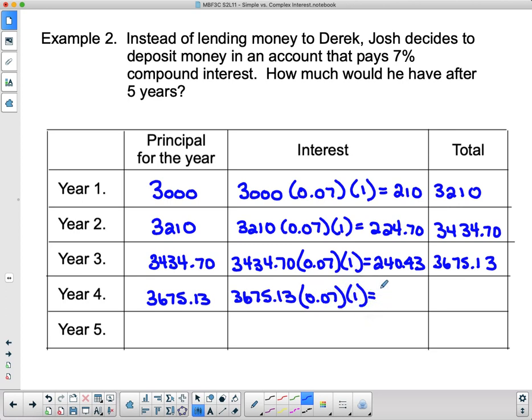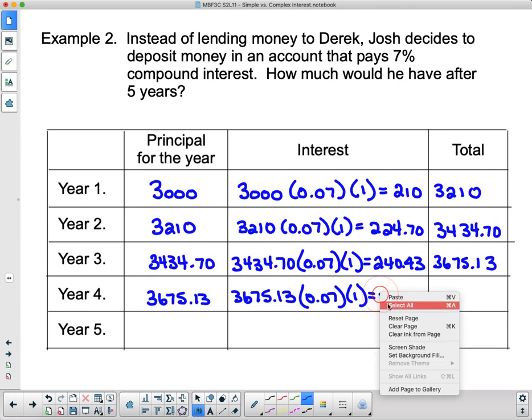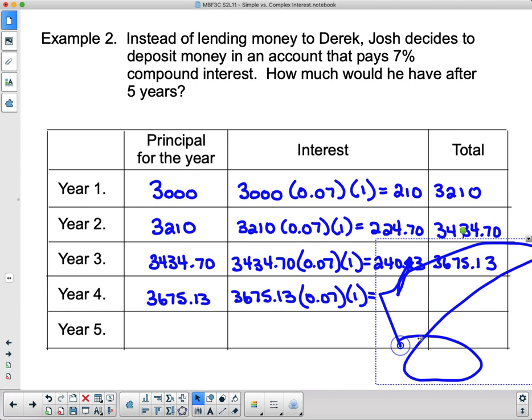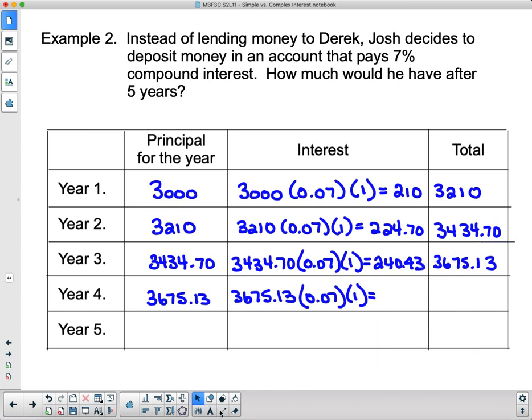So $3,675.13 times 0.07 is $257.26. So $257.26 plus $3,675.13. We add this number for interest and this number for the principal, and we get $3,932.39.